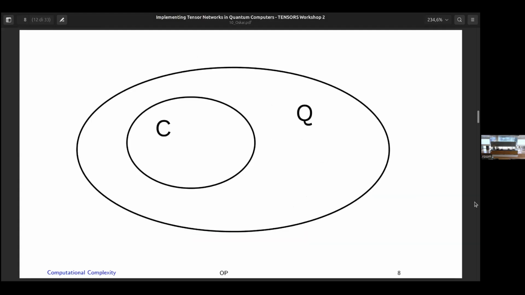How does it look if we talk of sets? Here we have the set of classically computable algorithms, and Q denotes the quantum algorithms. We want to start from our classical phase where the ranks are very small, and then go to the quantum phase, which is not reachable on a classical device.